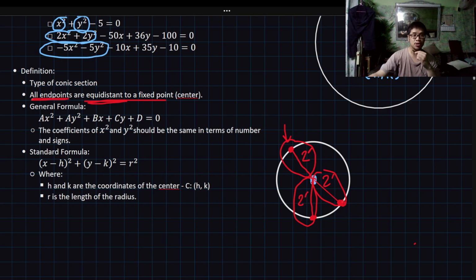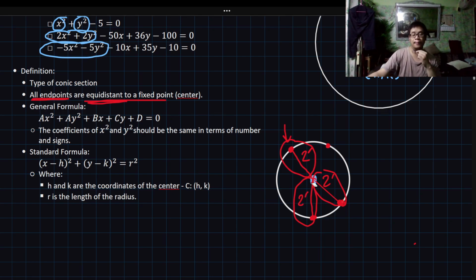All endpoints, meaning all corners, actually, geometrically speaking, it's not a corner. It should not be the word to describe this. Instead of corner, let's just say at a particular point of the curve, much better. But you get the point.